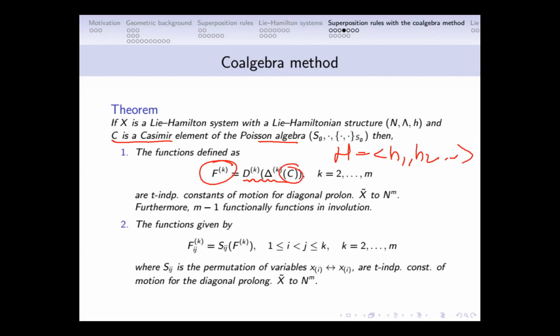And what you do with the Casimir is copying, for the number of copies m, with the coproduct as many times as copies as you need to integrate the system. And d means the representation. That basically means to take the values of h1 to h, whatever dimension of the algebra is. So when you do that, you can get as many first integrals as you need.